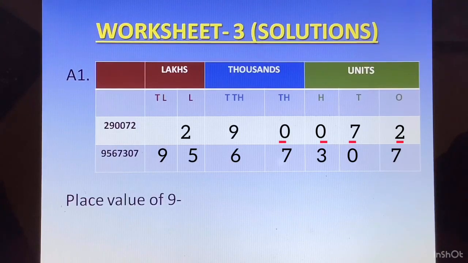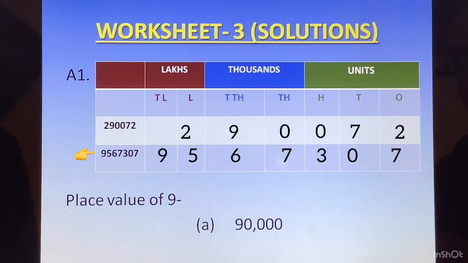That will give us the place value of 9. And in the place value chart, 9 is also coming under the 10,000 column. That means the place value of 9 is 90,000. When we write this in figures, we will write it as 90,000. Do remember to put the comma.